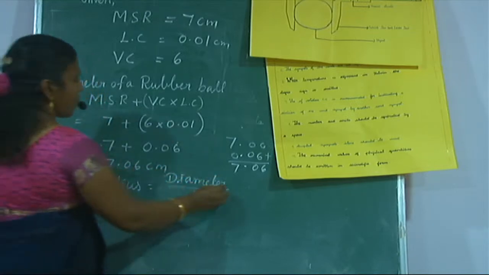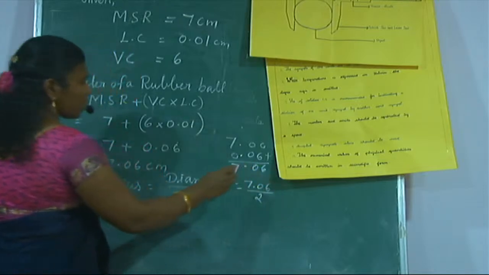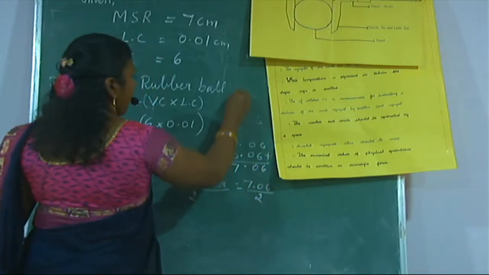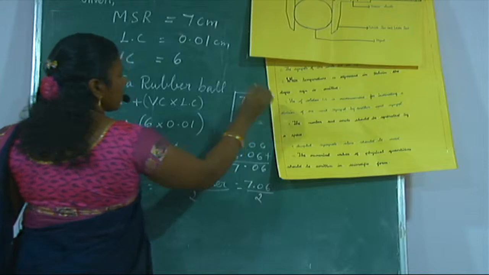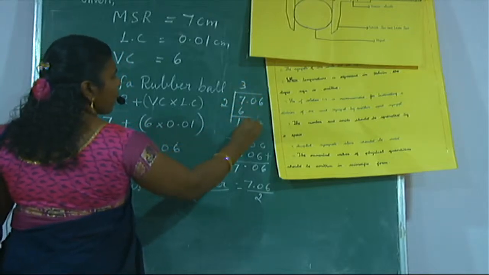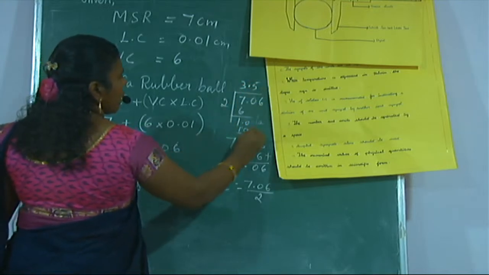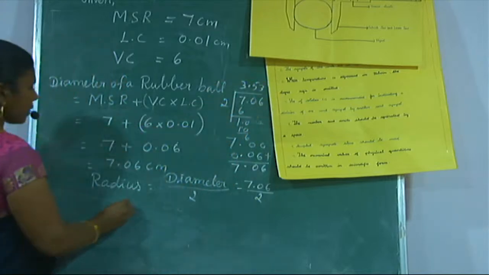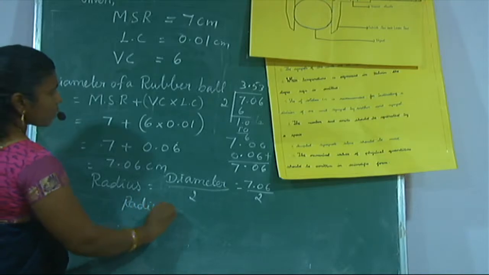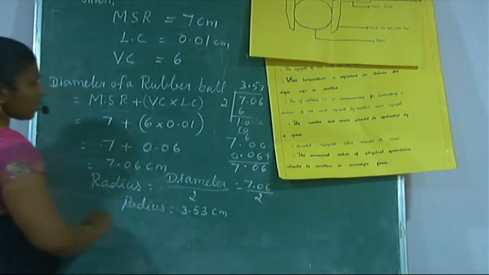What's the value of diameter? 7.06 divided by 2. Just divide and you will get the answer: 7.06 divided by 2 gives 3.53. So the radius of the rubber ball equals 3.53 centimeter. This is the answer.